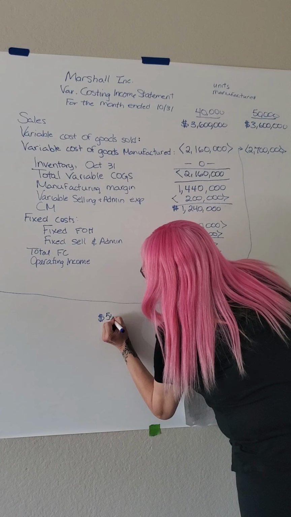So the first thing we're going to do is calculate out variable product costs at 50,000 units. So we're going to take that $54 unit variable cost here. We're going to multiply that times 50,000 units. And that's going to give us a total amount of $2,700,000.